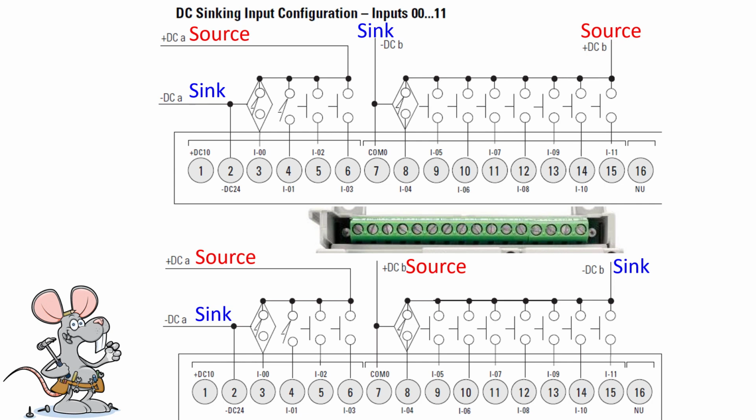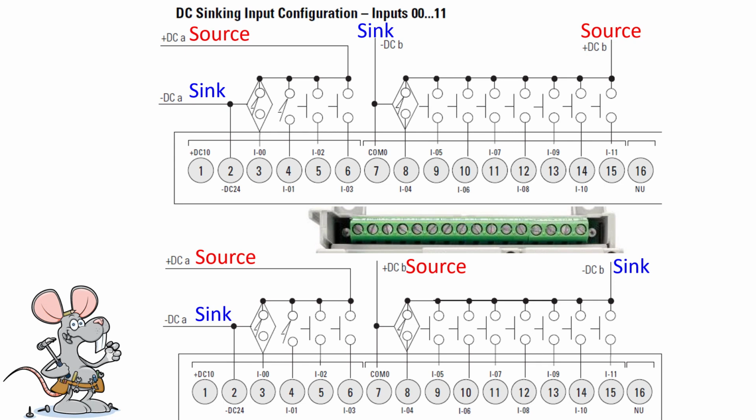In my case, it feeds all of the sensors. So look at the first 4 there on the top. They go to pins 3, 4, 5, and 6. You are sourcing the sensors and the input circuits, 3, 4, 5, and 6, which you can't see inside the plastic, go back to pin 2, which is DC common. That is sinking the inputs. That's what they mean by sinking inputs.